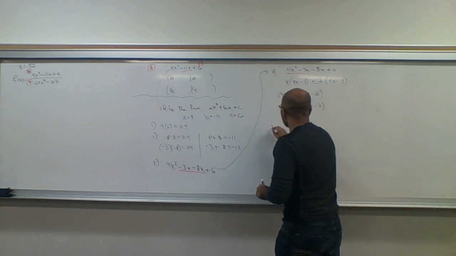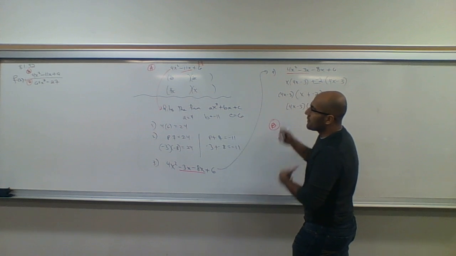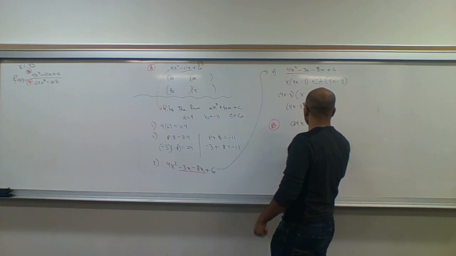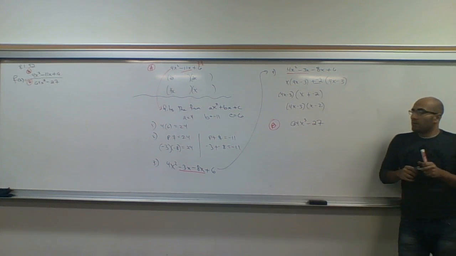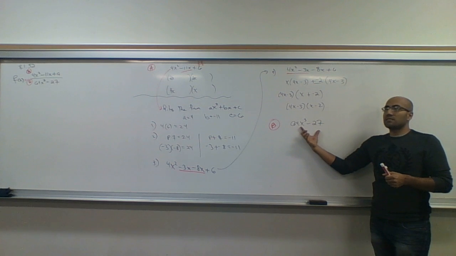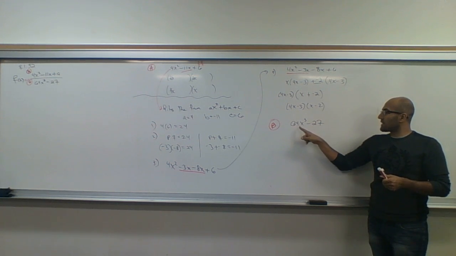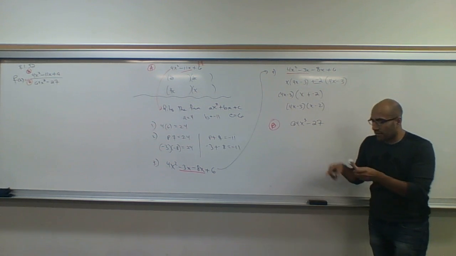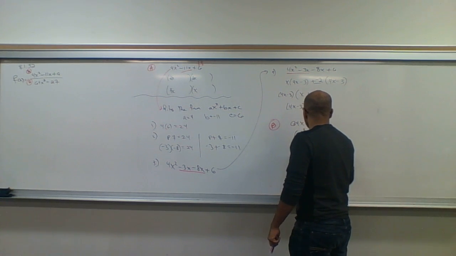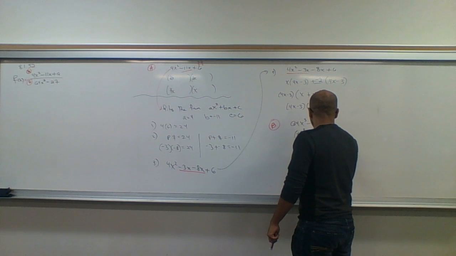So for part B here, how do we factor 64x cubed minus 27? Yeah, this is one of our patterns. This is the difference of two cubes, because I can rewrite that as a cube, and I can rewrite that as a cube. So this is really (4x) cubed minus 3 cubed.